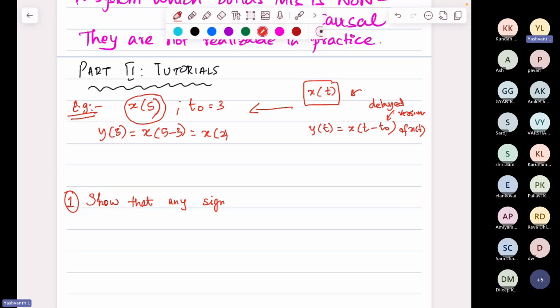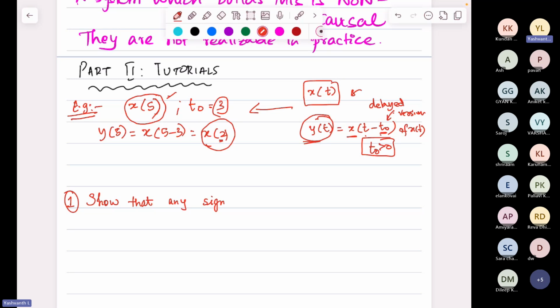I should have ideally read the value of x of 5, but I'm only reading the value of x of 2, which is the delayed version, delayed by a factor of 3. So a signal x of t minus t naught for positive t naught, that is very important, only if it's positive, is said to be a delayed version of your x of t. The y of t is t naught units delayed version of the signal x of t.